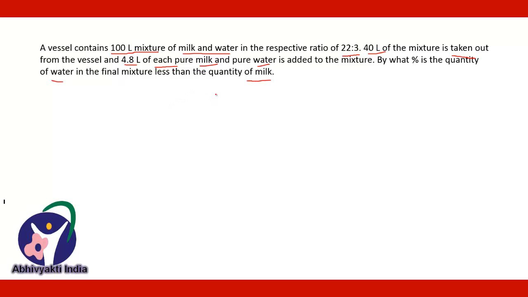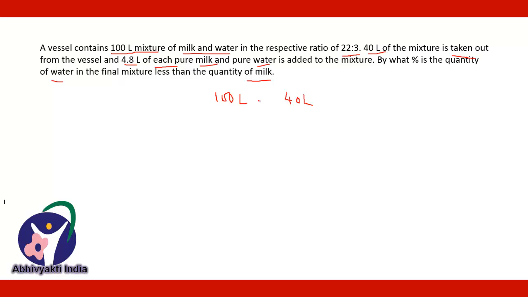Friends, here the total quantity of mixture is 100 liters. In the first case, what has happened? 40 liters of mixture is taken out. Now first we will find out the quantity of milk which is left after removing 40 liters of mixture.